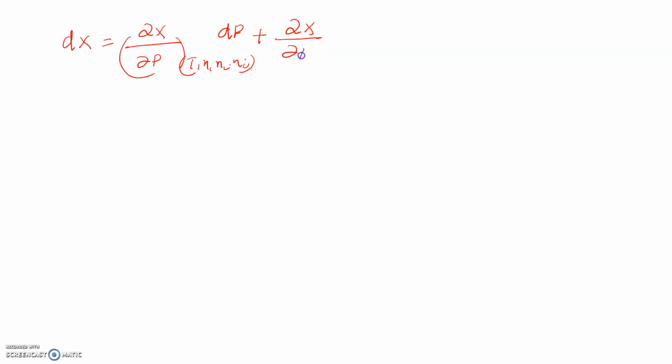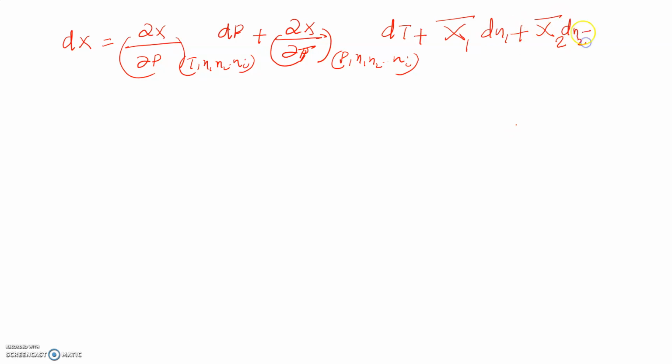Then this expression becomes dx is equal to dou x by dou P at constant temperature, N1, N2, etc., Ni, into dP, plus dou x by dou T at constant pressure, N1, N2, etc., Ni, into dT, plus the next terms we can write as x bar 1 into dN1 plus x bar 2 into dN2 plus etc., x bar i into dNi.